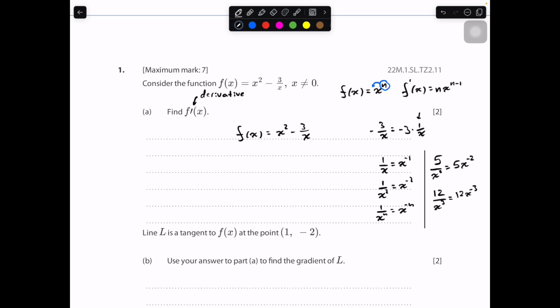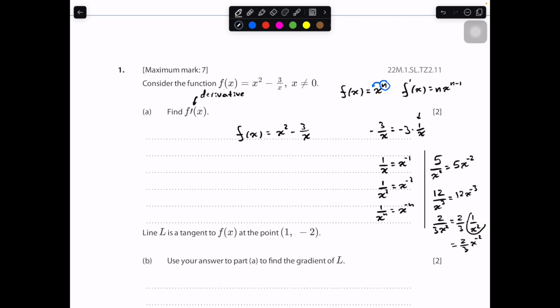Okay, and maybe I'll just do one more. Let's say we had 2 over 3x squared. We can keep this 2/3 times 1 over x squared, and we know that this would be 2/3 times x to the negative 2.